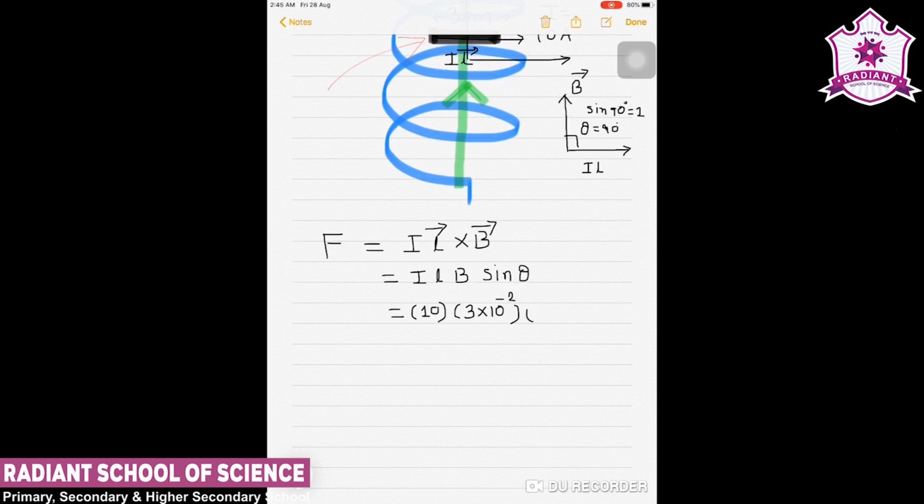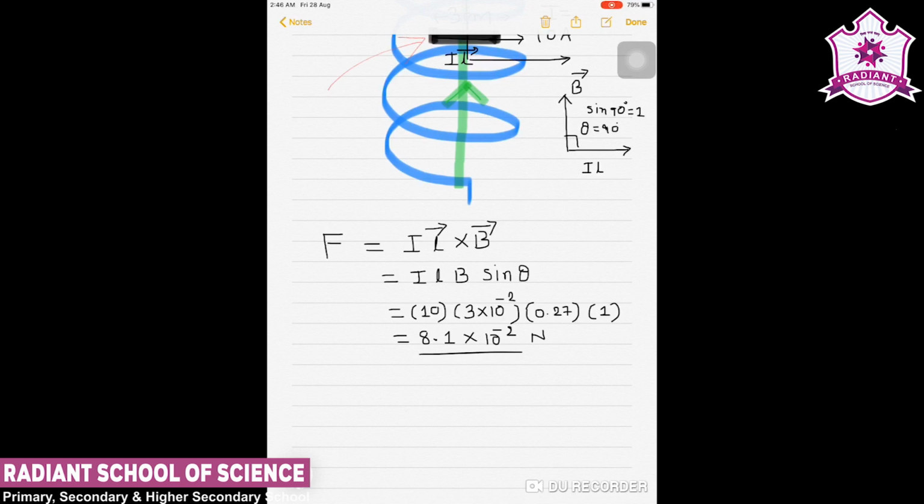The magnetic field is 0.27 Tesla, and sine 90 is 1. So when we simplify it, we get 8.1 into 10 raised to minus 2 Newton.